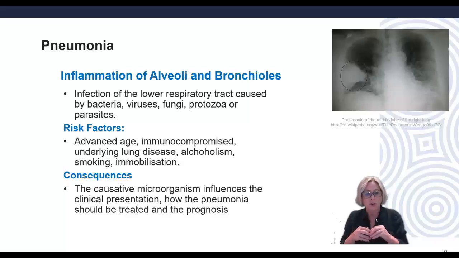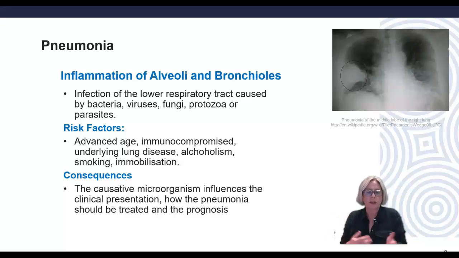In terms of the consequences, this is dependent on the causative microorganism, which influences the clinical presentation. For example, if it's bacterial, some bacteria produce toxins, and those toxins can cause further tissue damage.